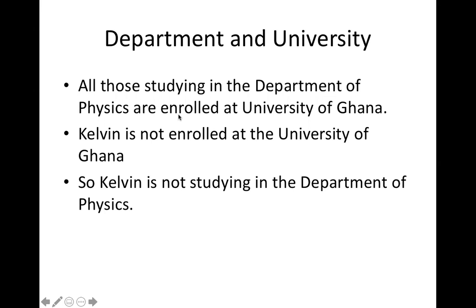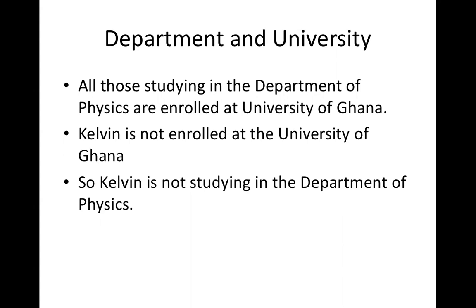So I was saying that in order to find out what kind of argument this is, first of all, you need to find the major premise. The major premise is the one that looks more like an argument in itself. Look at it. Kevin is not enrolled at the University of Ghana. That's not really like an argument. It's like a direct factual report.